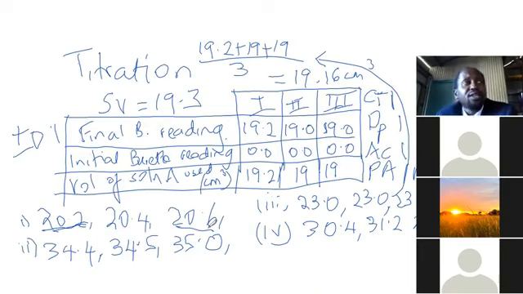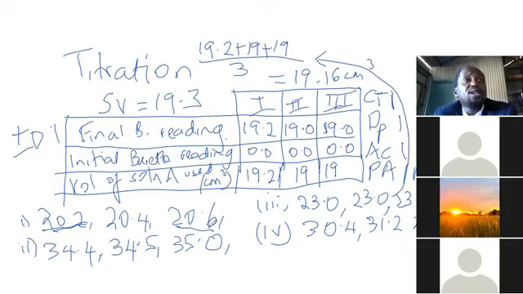We look at the second set of values, 34.4, 34.5, and 35.0. Now there, we only have 2 values that are consistent. In titration, consistent or consistency is simply values that are a maximum of plus or minus 0.2 from each other.